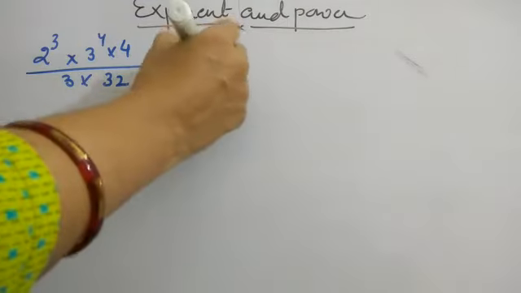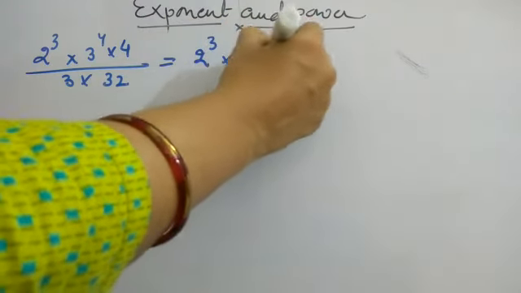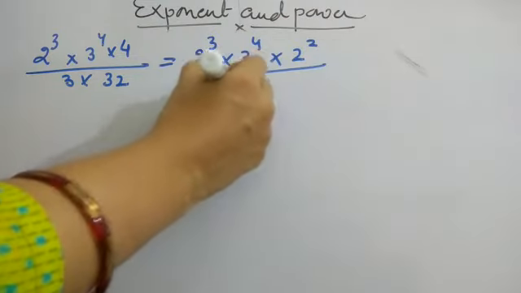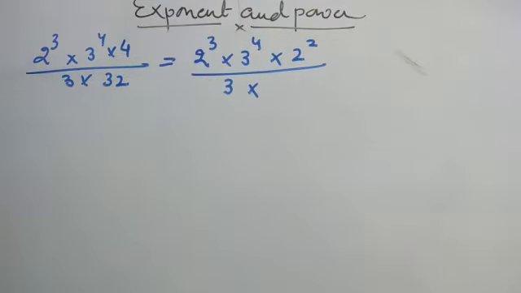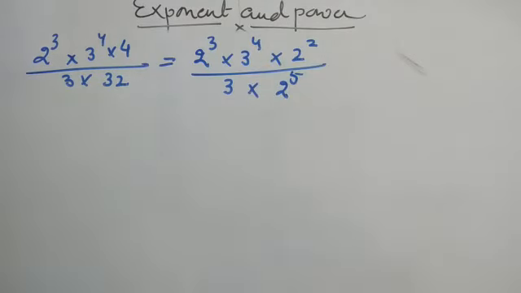So we will prime factorize it. So it can be written as 2 to the power 2. 3 is prime, but 32 isn't prime. Now see, how can 32 be written? 2, 2s are 4, 2s are 8, 2s are 16, 2s are 32. So 32 can be written as 2 to the power 5. You can check it again.